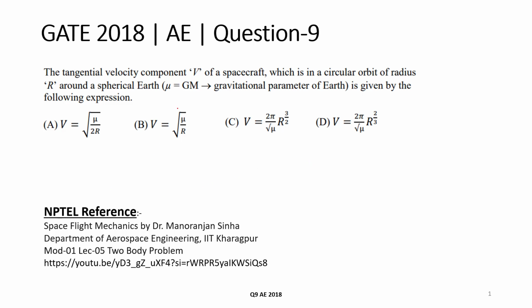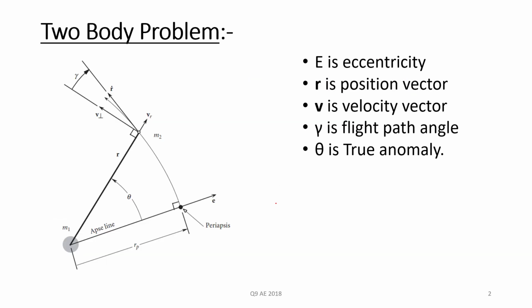This problem is related to spaceflight mechanics, the two-body problem. To know more about this two-body problem, you can refer to this NPTEL lecture. In the two-body problem, there are two bodies of mass m1 and mass m2, and if we take the origin at mass m1, then the position vector of mass m2 is given by the r vector.